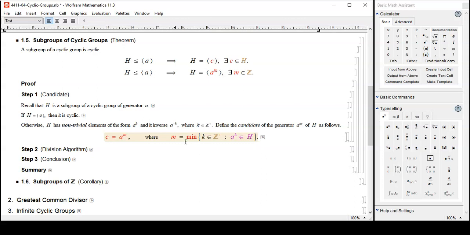One more observation. m is a member of this set because the minimum is a member of the set. So it must satisfy this purple condition as well. Consequently, C belongs to the set H as well. So, okay, we got what we wanted here.